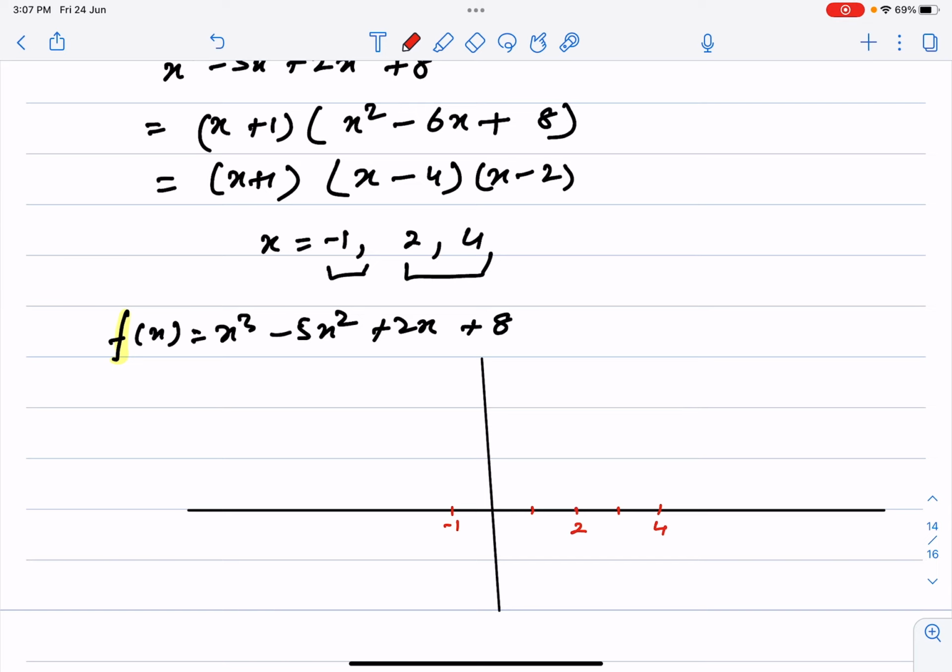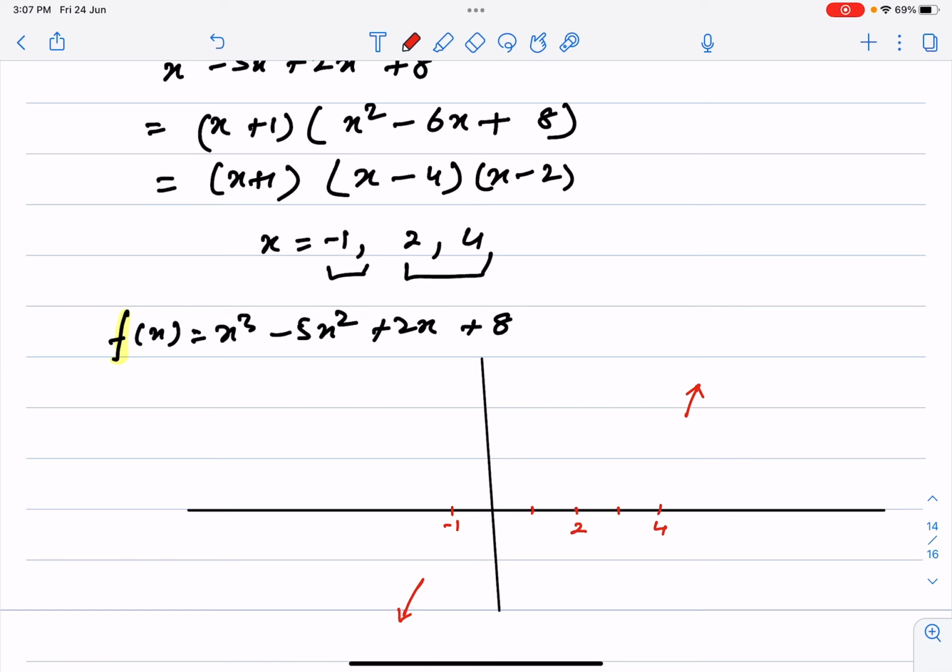Now focus on the constant. Since the constant is positive, the graph will go up at this place like this. And since it is a cubic equation, it's an odd degree. You can remember odd with opposite, so the direction of the graph will be in the downward direction.